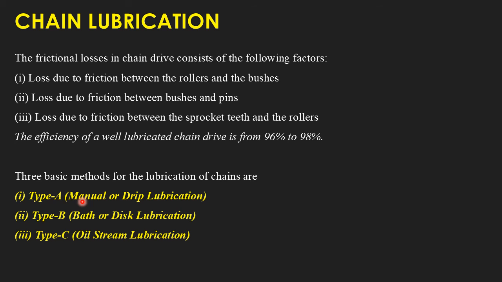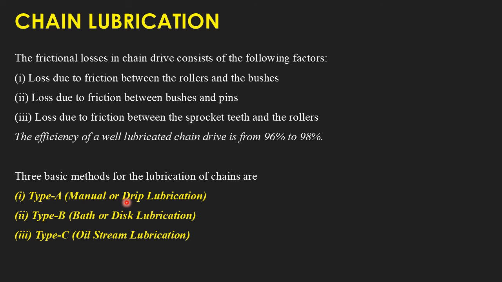That is the manual operation which we normally do. We apply grease or a certain kind of oil, and nowadays spray lubricants are also available which can be applied to the chain drives. That is the manual one which we apply every now and then so that the motion will be very smooth. Another one is drip lubrication.